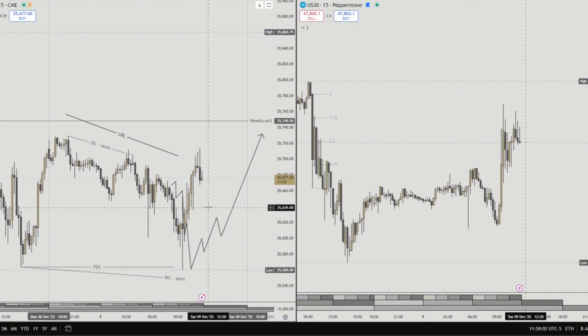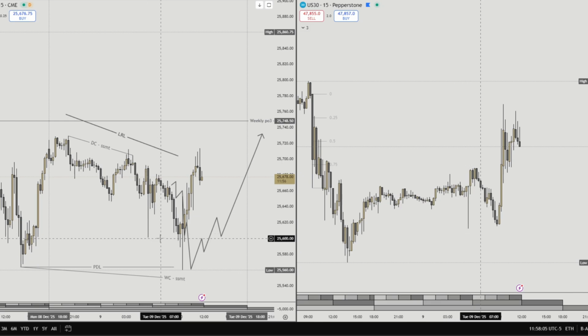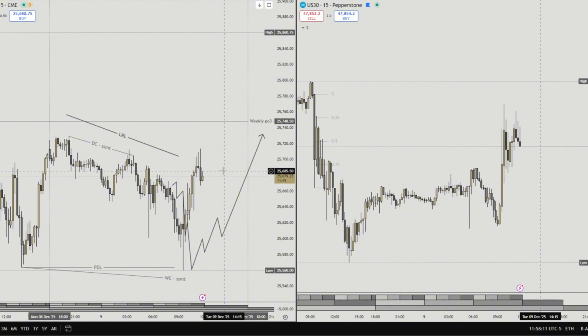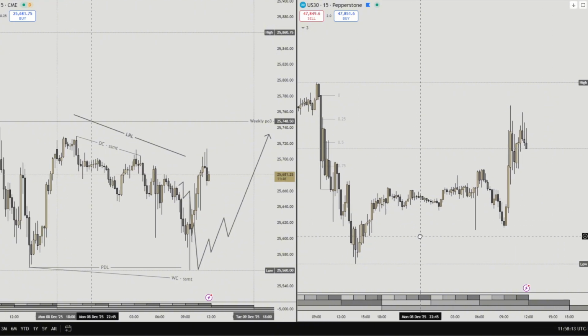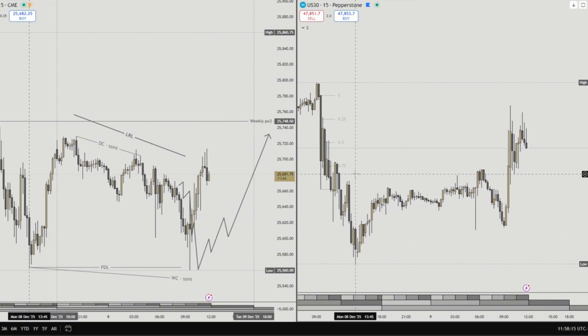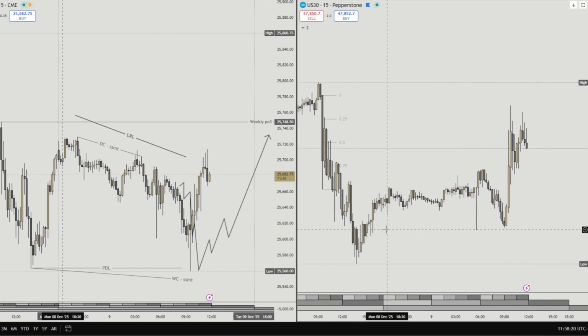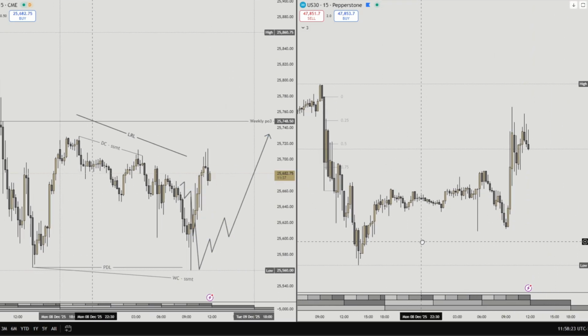But as you can see, we had no SMTs at the lows from around here. So I thought, okay, I want to see higher prices, but I need to have an SMT first. So as I said, I waited for one index to drop lower, which was NQ in this case. And yeah, we've gone higher since then.